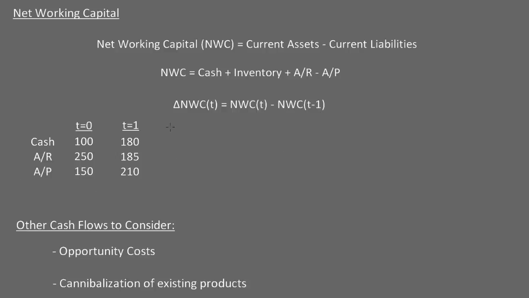Now, if we go through a simple example, we have cash and accounts receivable as current assets and accounts payable as current liabilities. Now, we can calculate the net working capital at each time. So net working capital at time 0 is our cash plus our accounts receivable minus our accounts payable, which is 200.